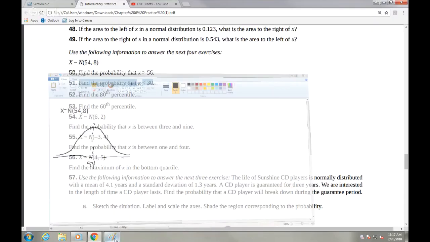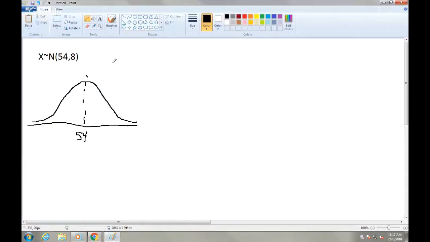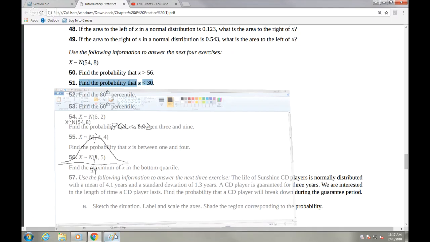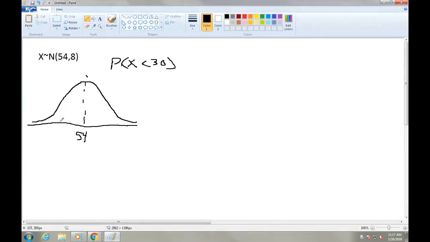So, what area do we have to figure out? We want the probability of X less than 30. Okay? And so we know 30 is going to be somewhere over here, right? Because 54 is in the middle.